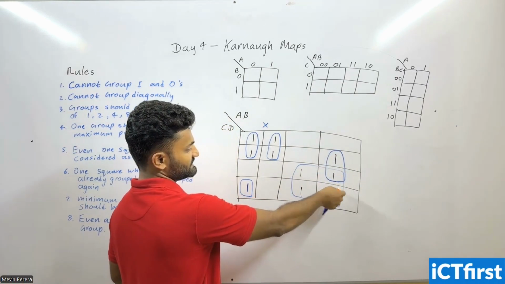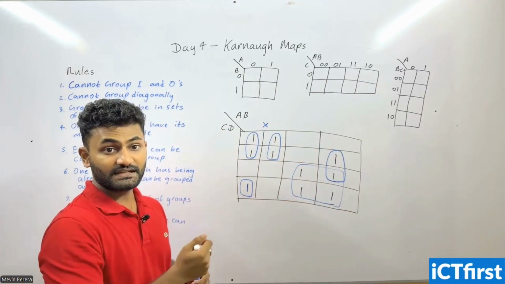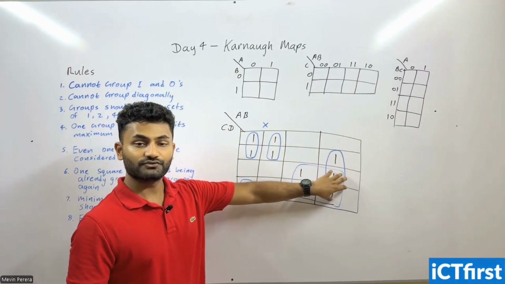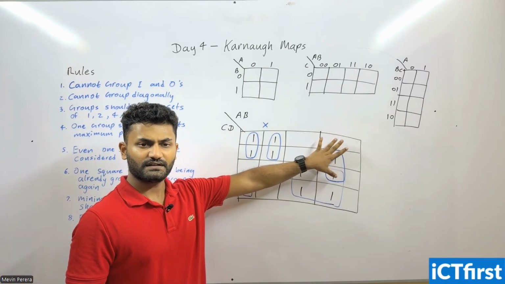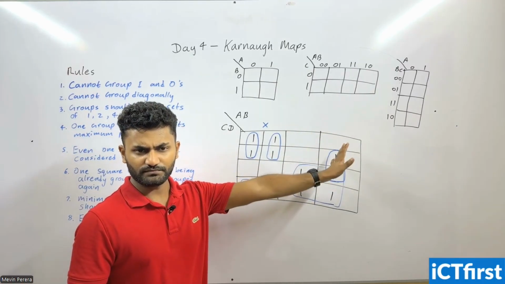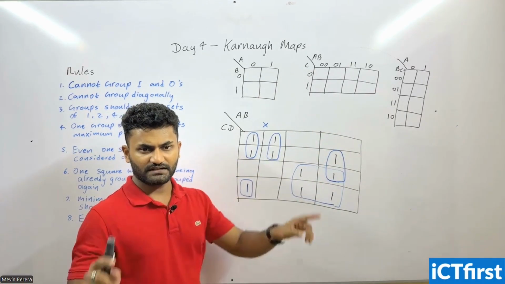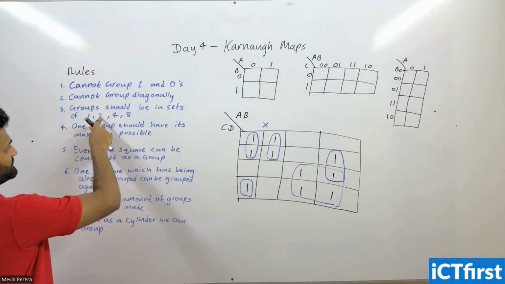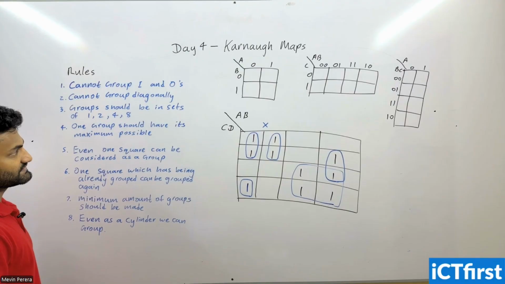So this one is considered in both the groups, right? That's fine. We can take any amount of squares from another group and make another set of group. But still it should be in sets of 1, 2, 4, and 8.